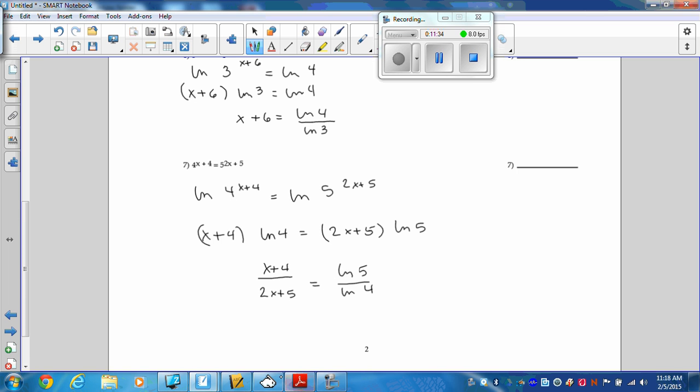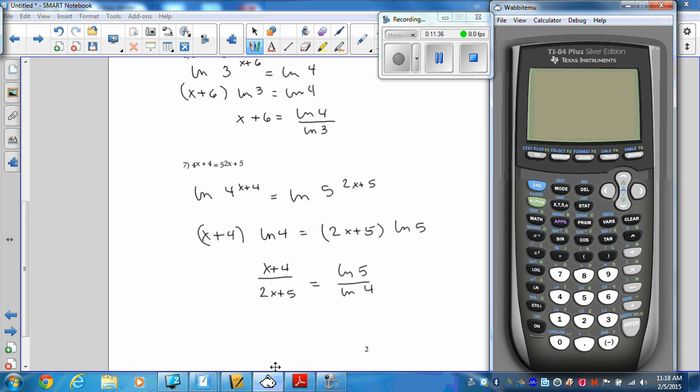So going to your calculator now, you can see that we're going to do the log of 5 divided by the log of 4. And don't forget to close your parentheses because that will make a difference.